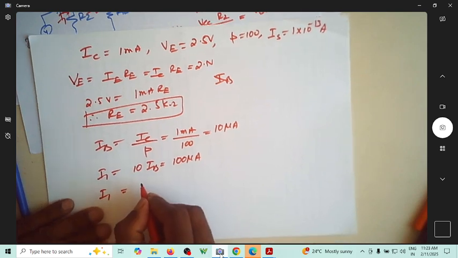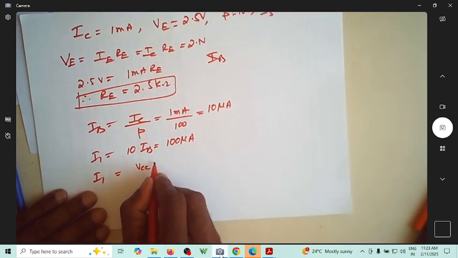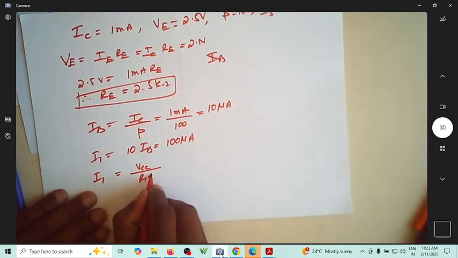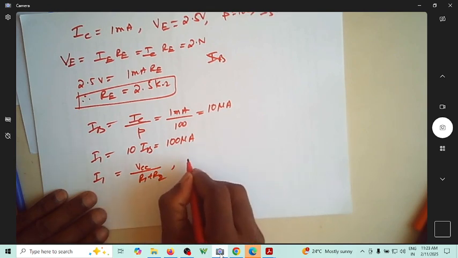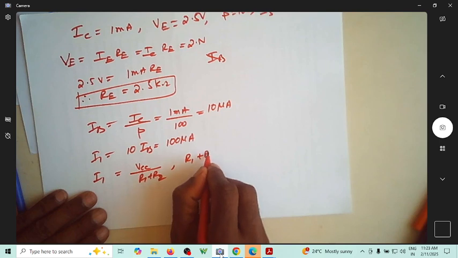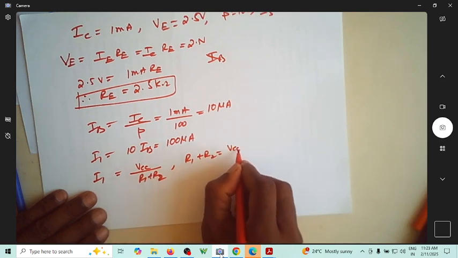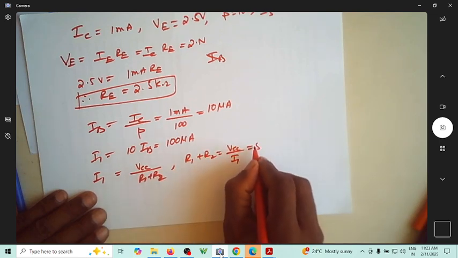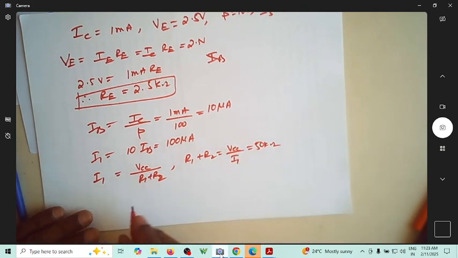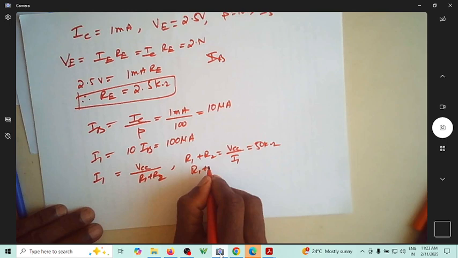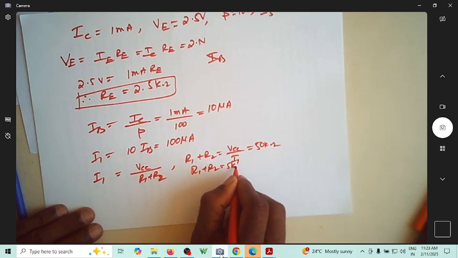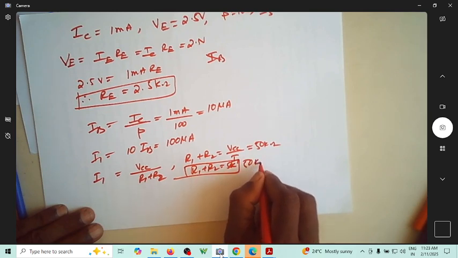We also know that I1 is equal to VCC by R1 plus R2. So R1 plus R2 becomes VCC by I1, which is 50 kilo.